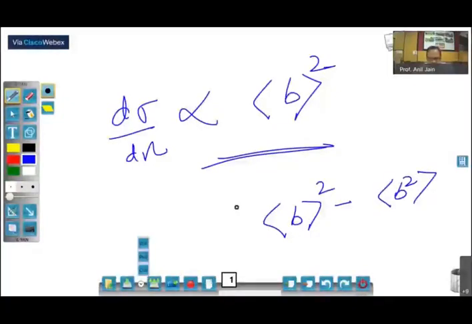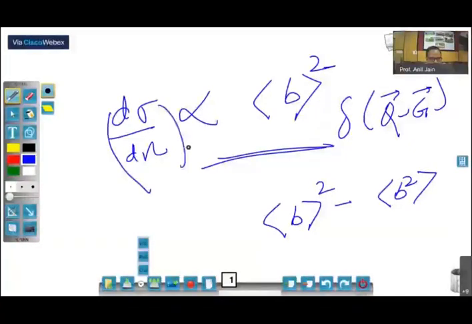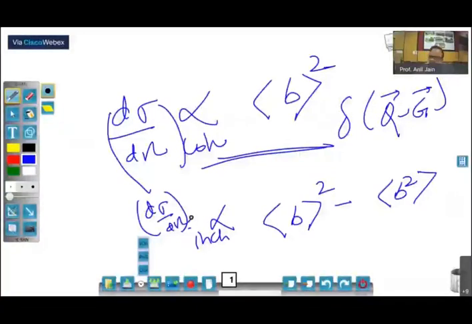This has dependence on delta Q minus G. So this part is called coherent, and this part is called incoherent. This incoherent part has no dependence on Q, meaning it is present everywhere.